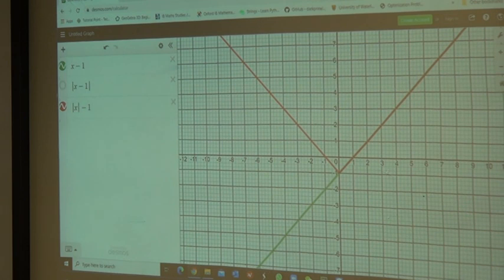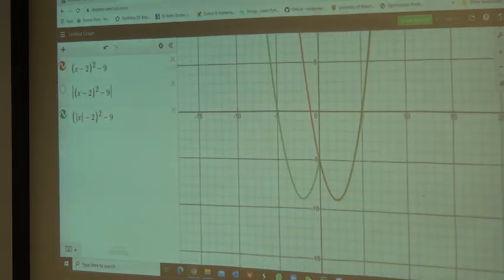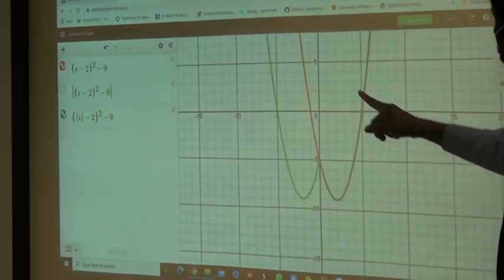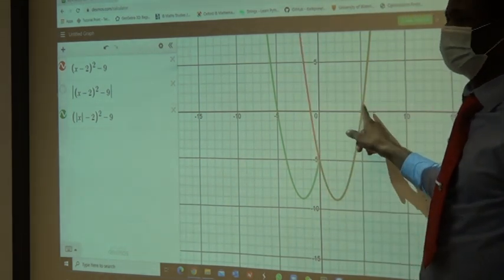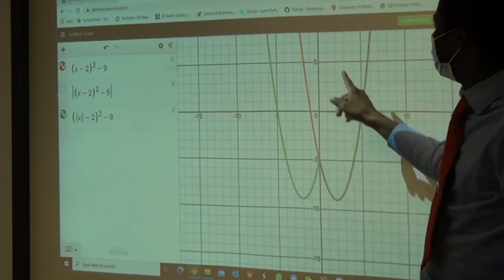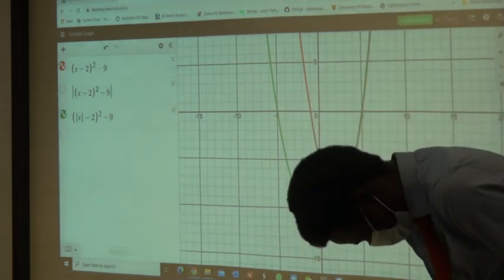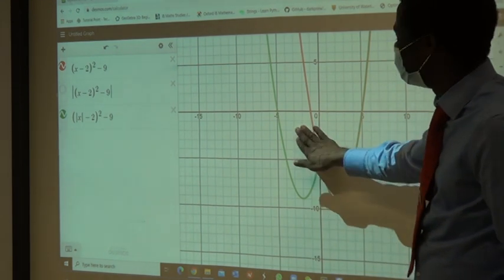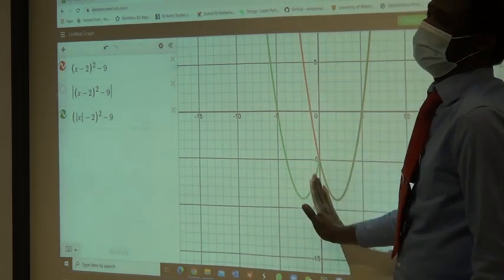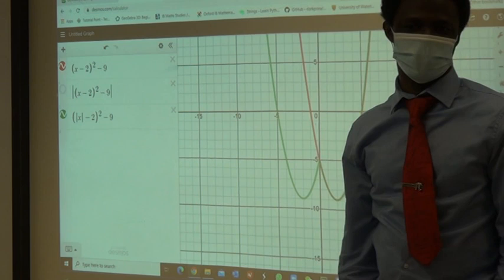Let's look at the other shape. Did you see? The red is the original function. I was thinking, where's the reflection? That's the green part, because anything up to here gets reflected.